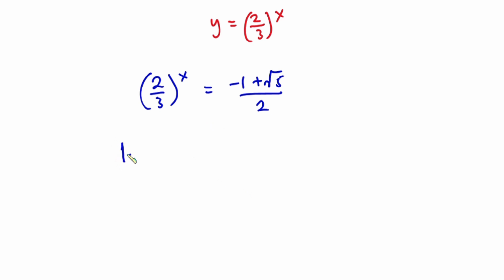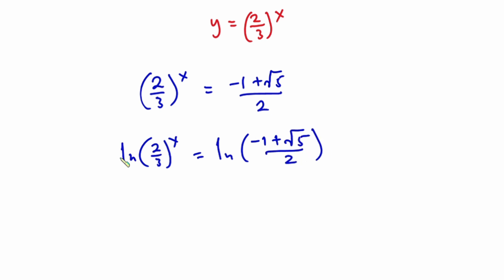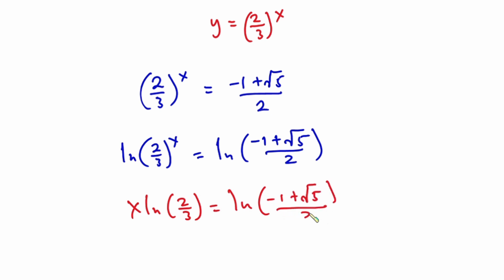So we have natural log of (2/3)^x is equal to natural log of (negative 1 plus square root of 5) all divided by 2. Applying the rules of natural log, this one becomes the coefficient. So we have x times natural log of 2 divided by 3, and this is equal to the exact same thing, natural log of (negative 1 plus square root of 5) all divided by 2.